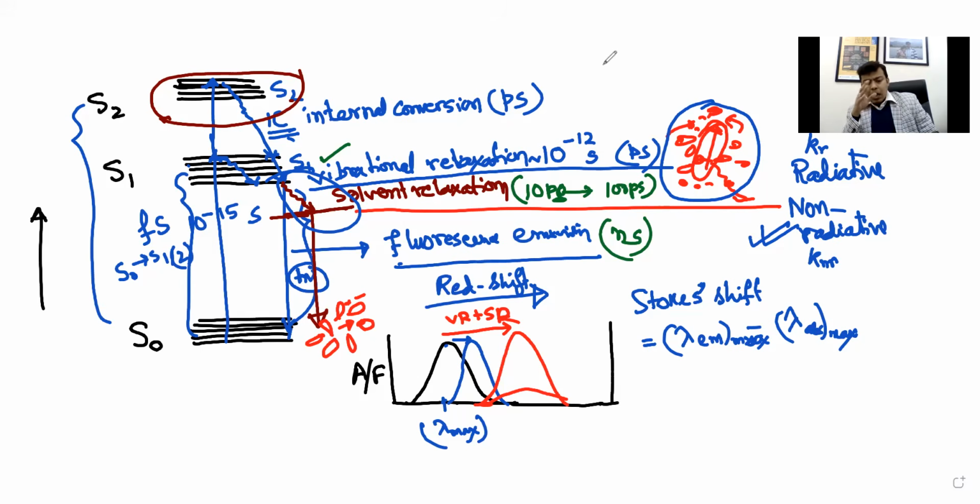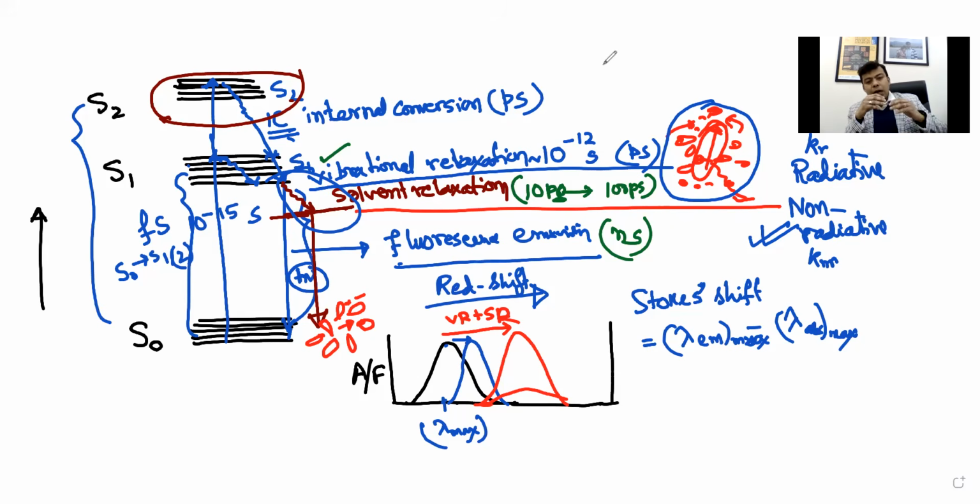The entire process is dependent on two critical things. One, of course, is the nature of the chromophore; if a chromophore emits, we term it a fluorophore.